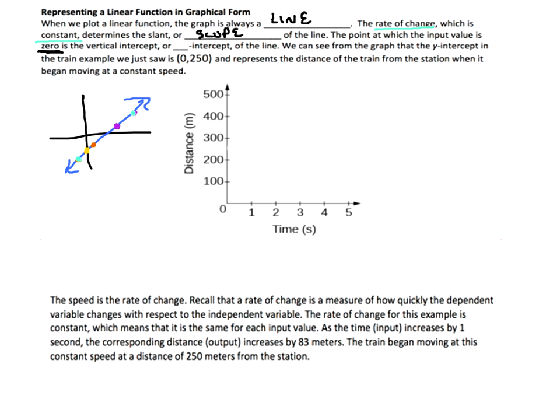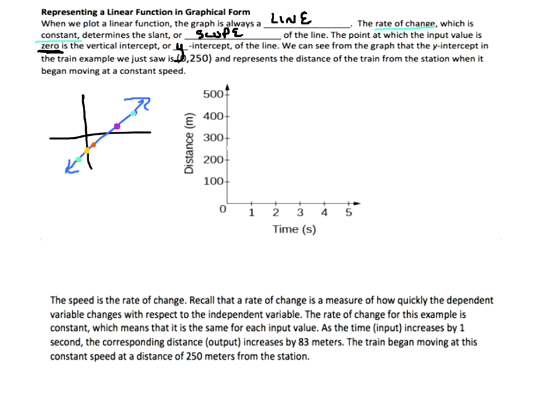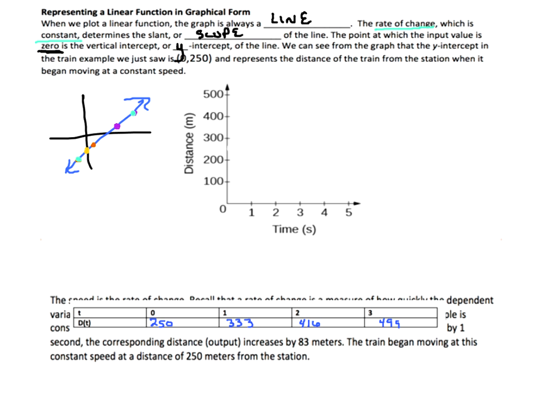When you have an x value of 0, what you're actually finding is the y-intercept of the line. We can see from the graph, which I don't have graphed here yet. They had it graphed in your book, and I took the graph off because I wanted to put our own information onto the graph. Let's go ahead and bring that table over here and put it onto the graph.